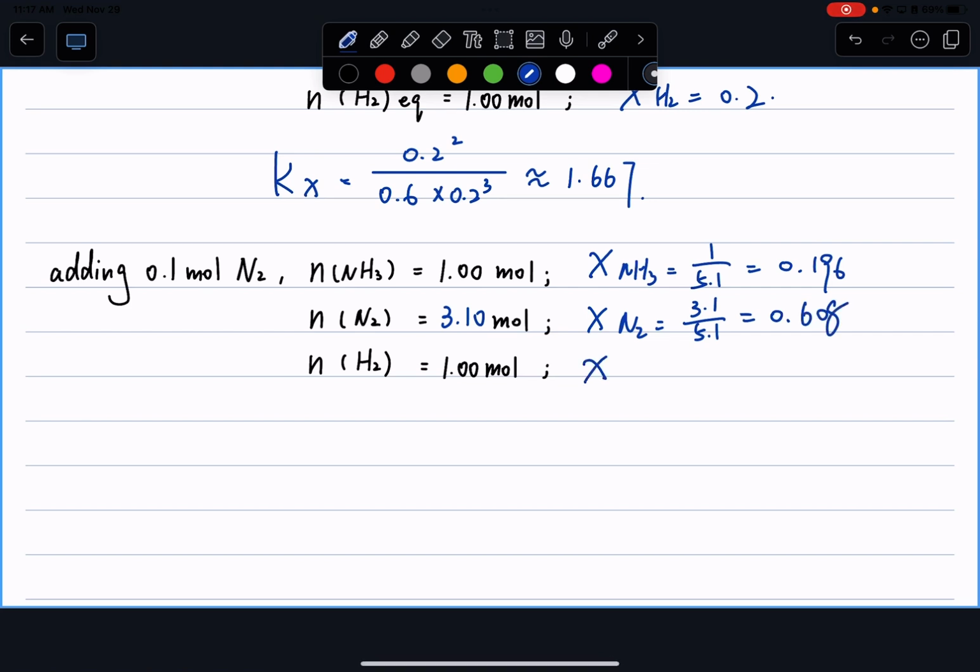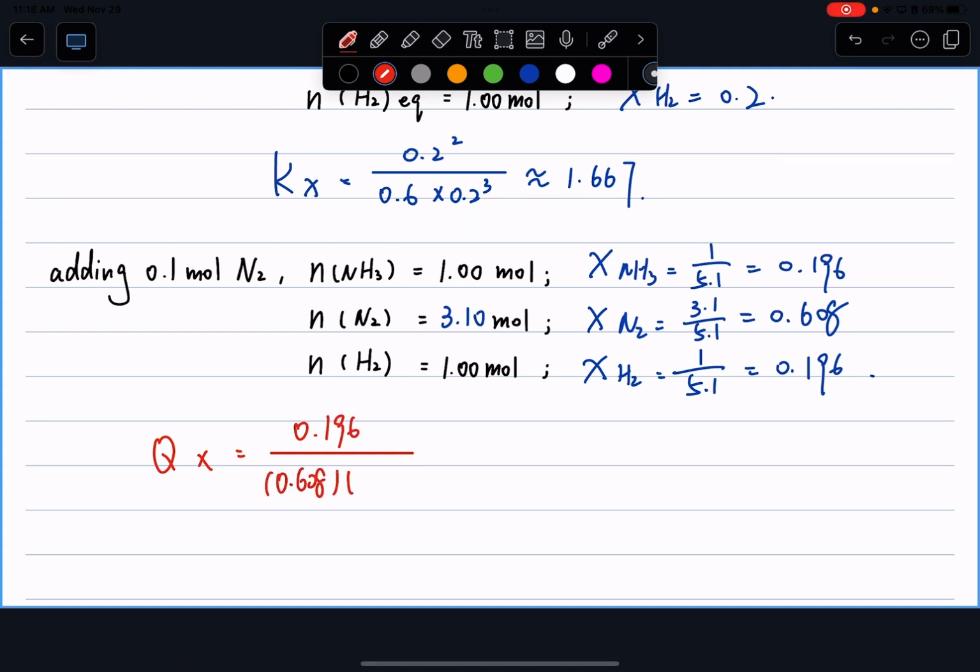And chi H2, that's 1 over 5.1 again, 0.196. And Q chi thus becomes 0.196 squared over 0.608 times 0.196 cubed. We do that calculation to get 1.645.